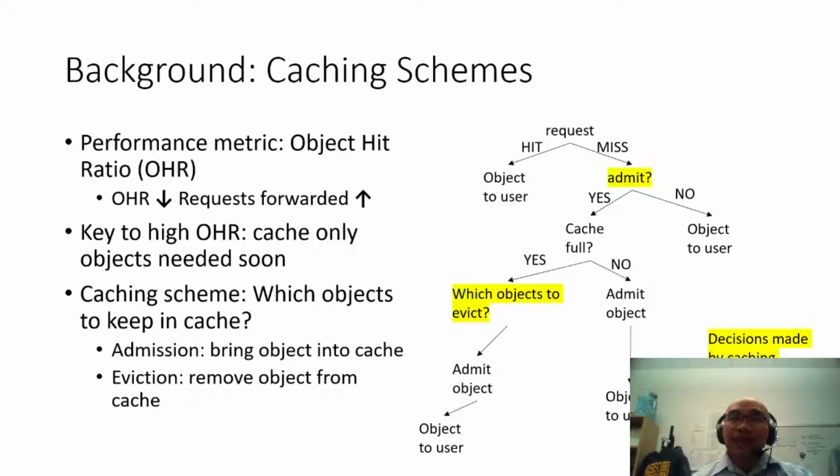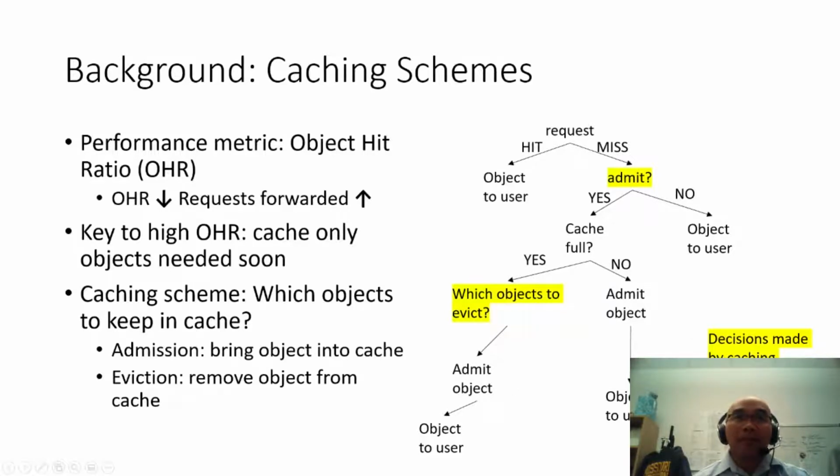The effectiveness of a content delivery network depends on how many requests it can fulfill without forwarding the requests to the content provider.